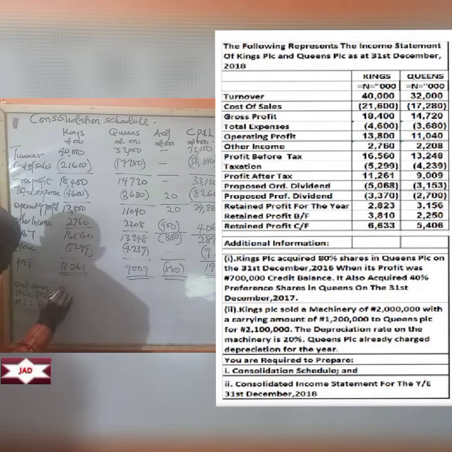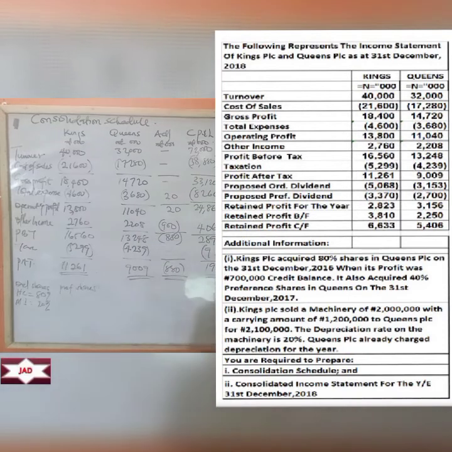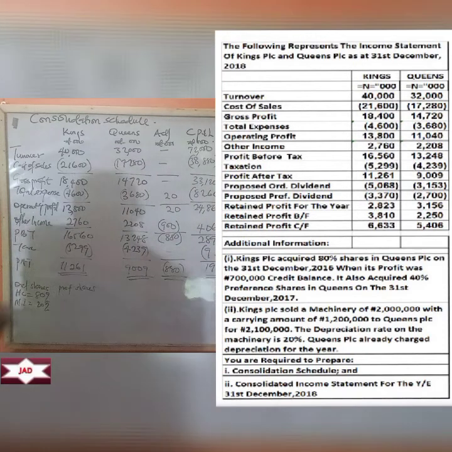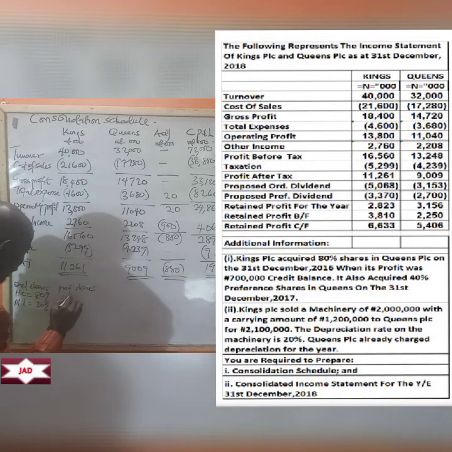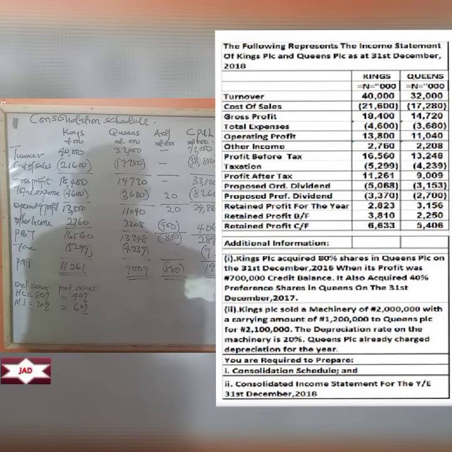So preference shares, what do we have? Question says holding company is 40%, minority is what? 60%. Okay?